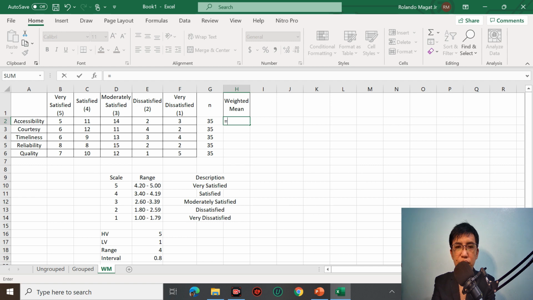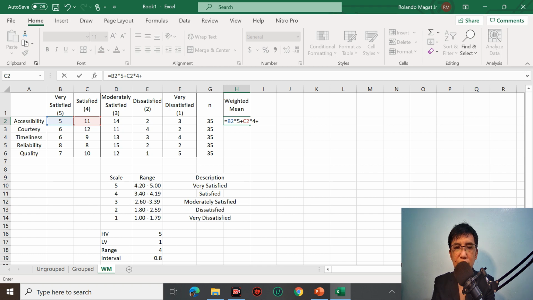This is B2 times 5, plus C2 times 4. Yan na yung weights natin. Yung W1, ito si W1, 5, W2 is 4, W3 is 3, gano'n, and so on and so forth.